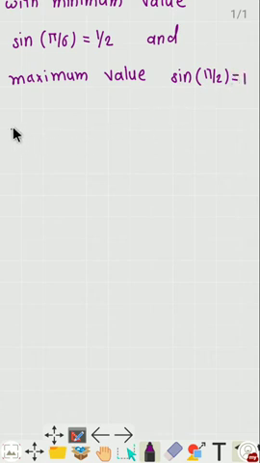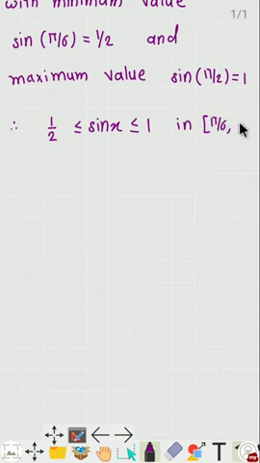Therefore we can write that the sin x function is greater than or equal to 1 half and less than or equal to 1 in the closed interval pi by 6 to pi by 2.